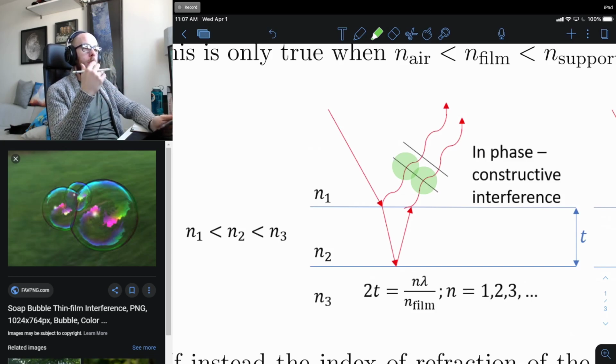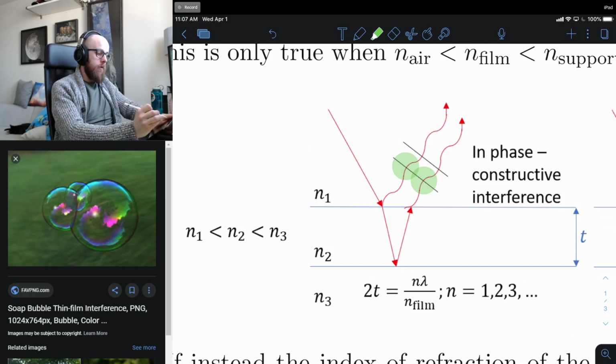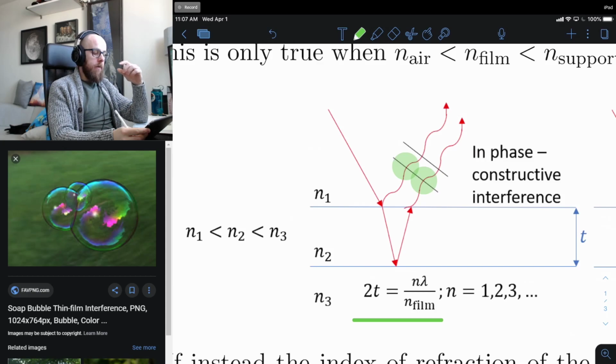Now this occurs when, if we look at this formula down here, we can interpret what this formula is telling us. We will have constructive interference when the thickness of the film is some multiple of the wavelength of light.